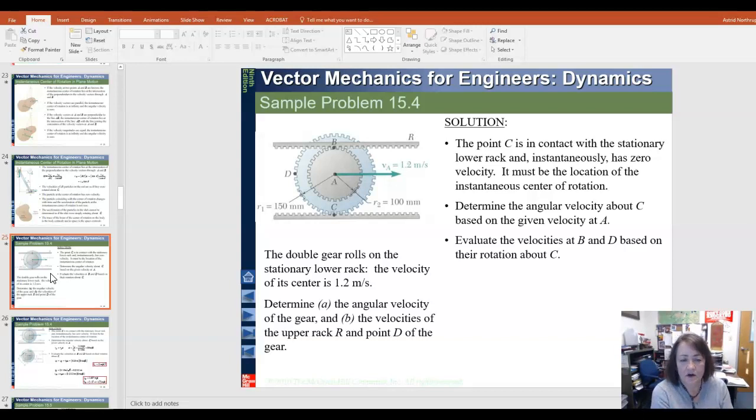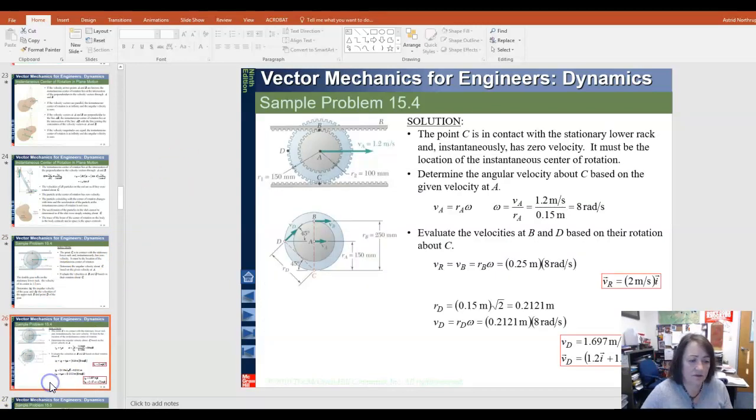Now here we have that same kind of problem that we worked before, where we have a double roller rack and we have a velocity of A. This is the kind of problem that anything on a wheel really lends itself well to instantaneous center of rotation solutions.